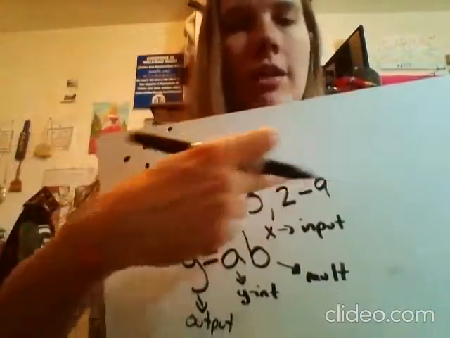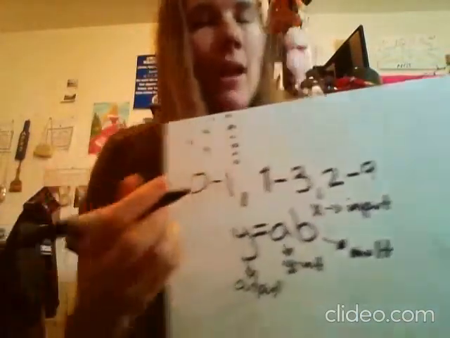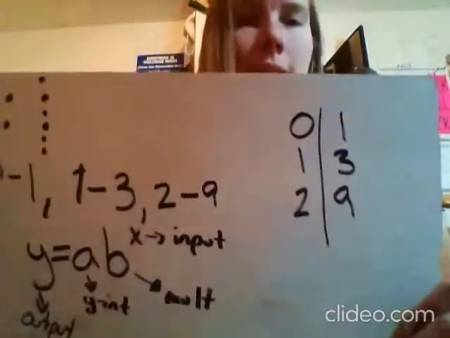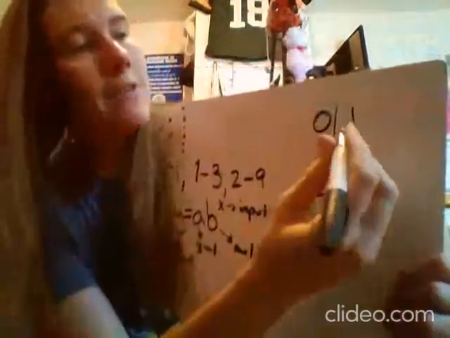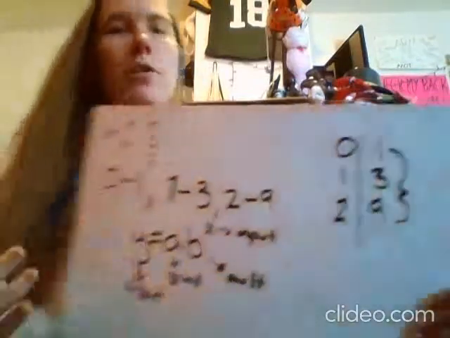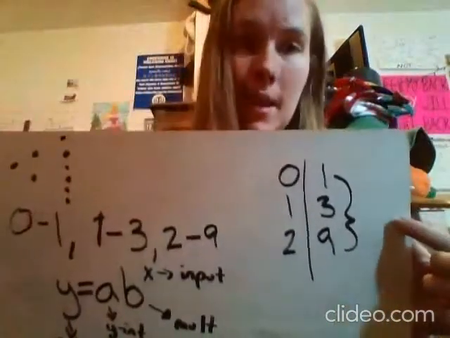So if we look at our table, I'm going to write it in a different way just so we can see it easier. So I'm actually going to make a table. 1, 3, 2, 9. It looks something like this. So we have to think about, because it's exponential, that means we're multiplying by something.